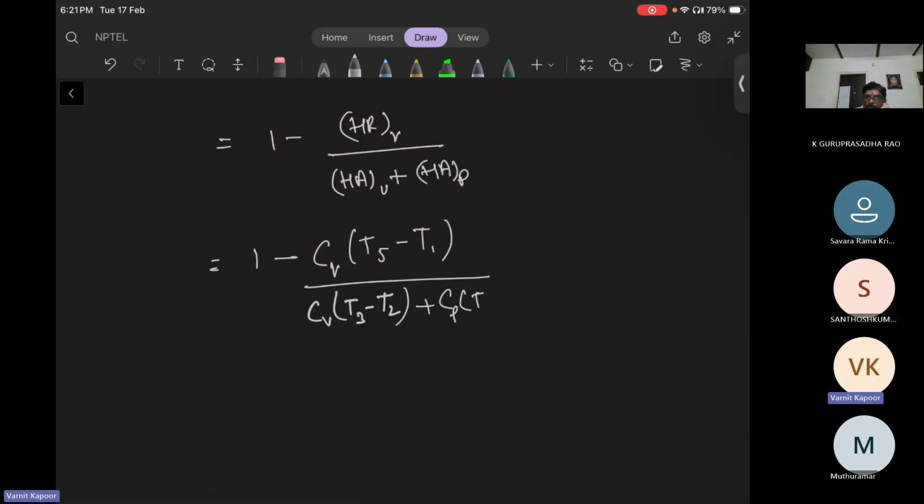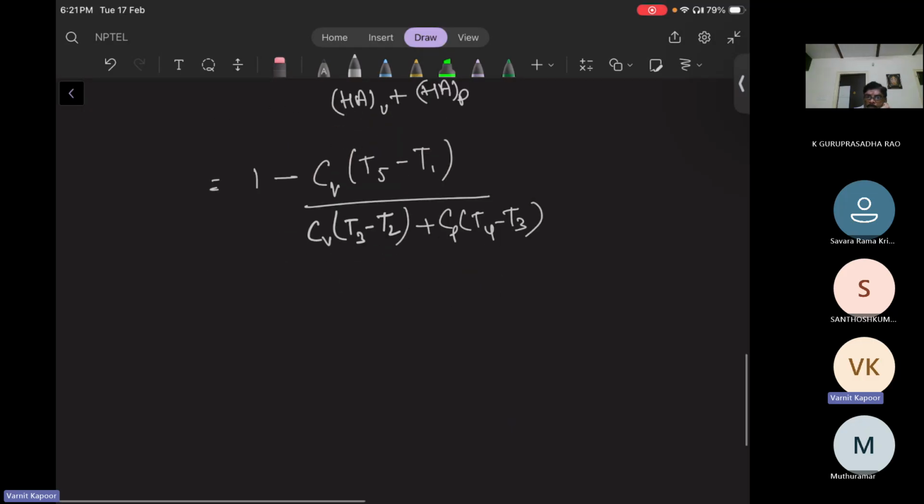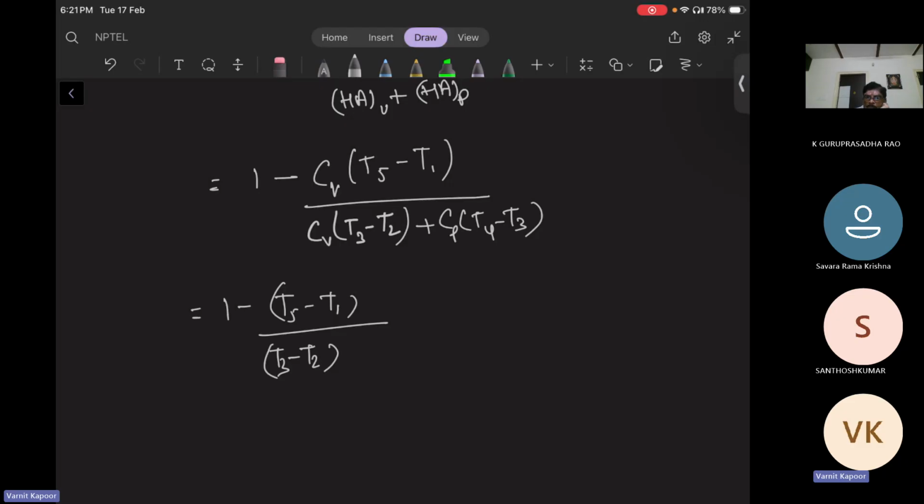If you divide by Cv from numerator and denominator, then it will be (T5 minus T1) over (T3 minus T2) plus Cp by Cv, which is nothing but your gamma, times (T4 minus T3).